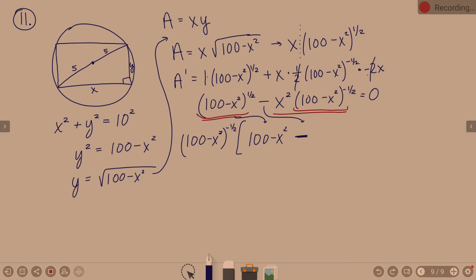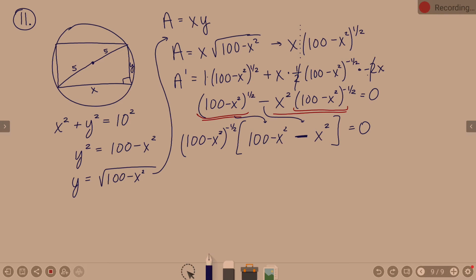Look at the second half. I'm factoring out a 100 minus x squared to the negative 1/2. When we factor that out, that's exactly that piece, isn't it? What's the other piece that's left? The minus x squared here. Okay. The front piece, I just left as is for the moment.